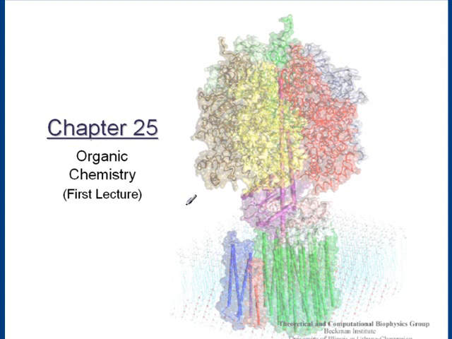Organic chemistry is just a very large subject, and I want to take a minute with this particular slide, with this particular structure. This is a compound. It's a big old protein, and it's found in the mitochondria, and it's responsible for the synthesis of ATP, which is the energy source for enzymes in the body.